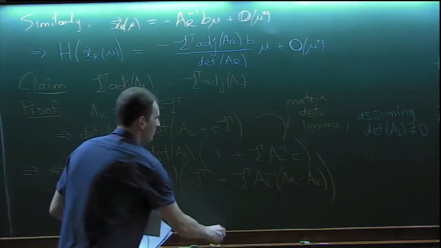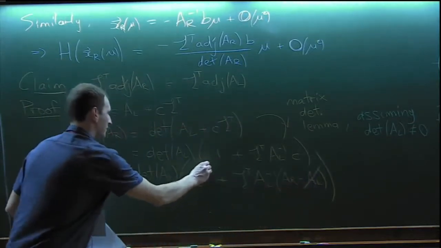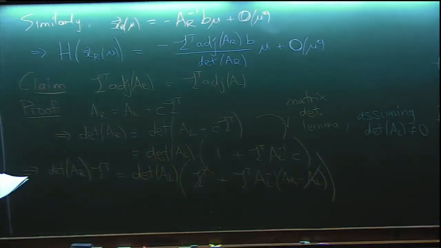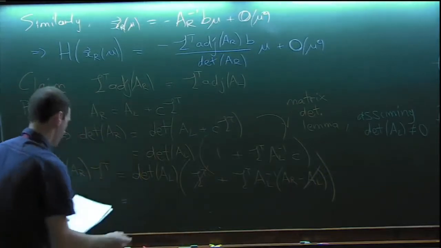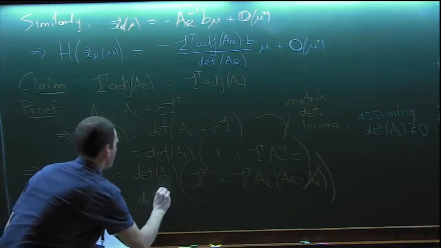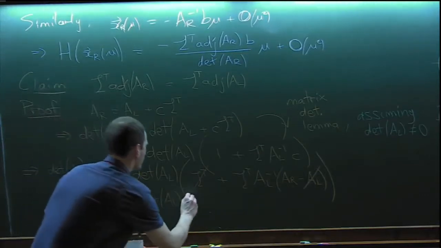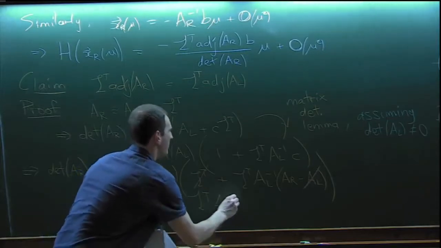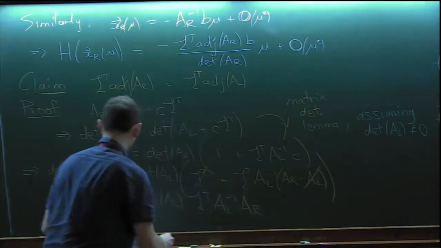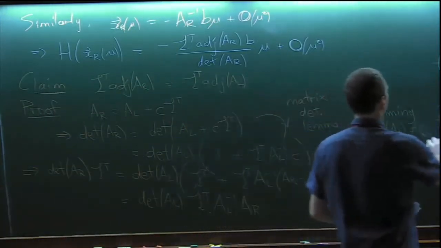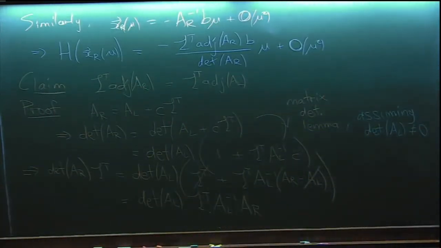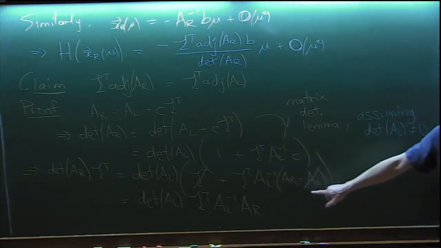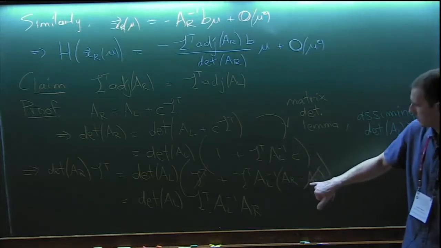So I expanded the brackets here. I've got an AL inverse times AL, which is the identity matrix.